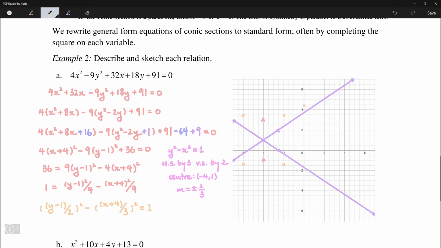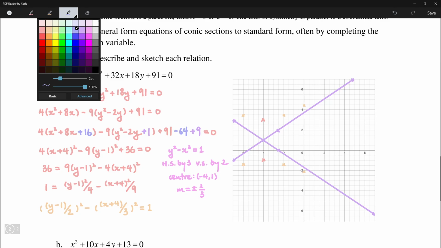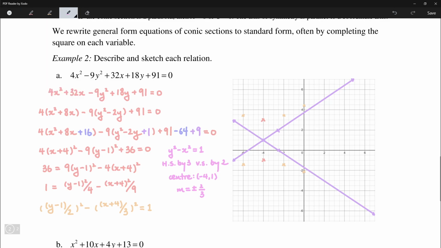So something like this. Finally, we're going to connect all these together with a curve going through the vertex and going towards and near the asymptotes on the sides. So that's it.